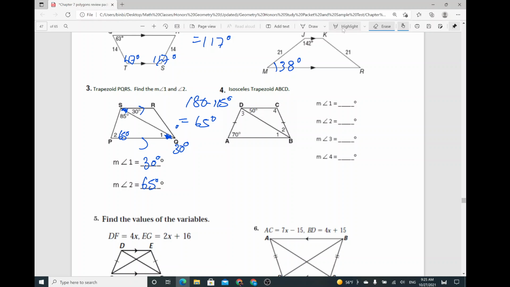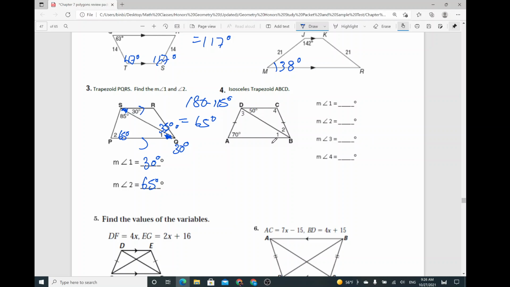But the measure of this angle cannot be 85 degrees, because these two angles are not alternate interior angles. It's only for those two. So in order to get this angle, 65 minus 30, because those two angles are equal. That means this angle would be 35 degrees.